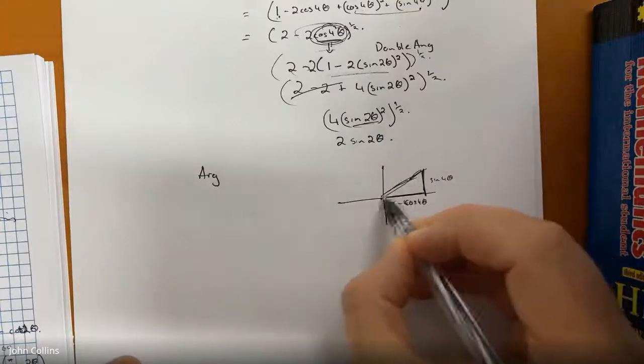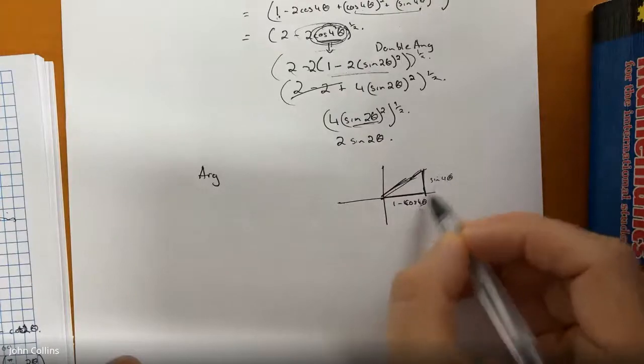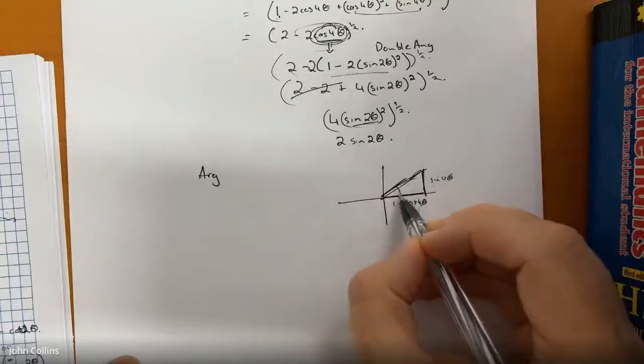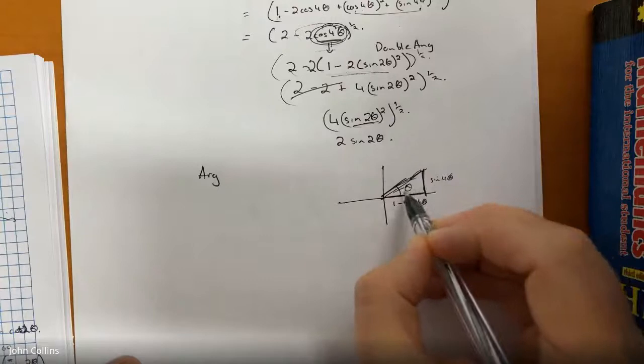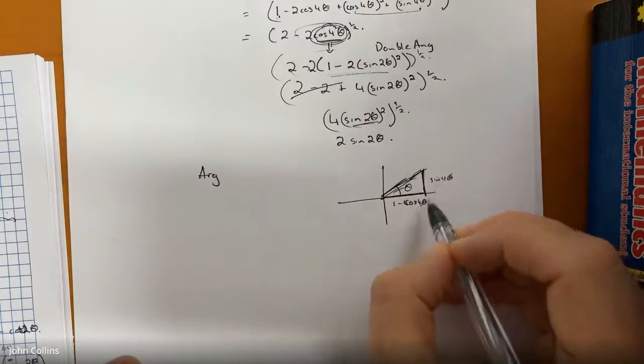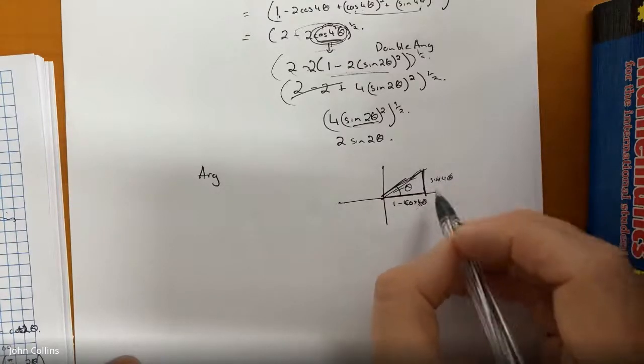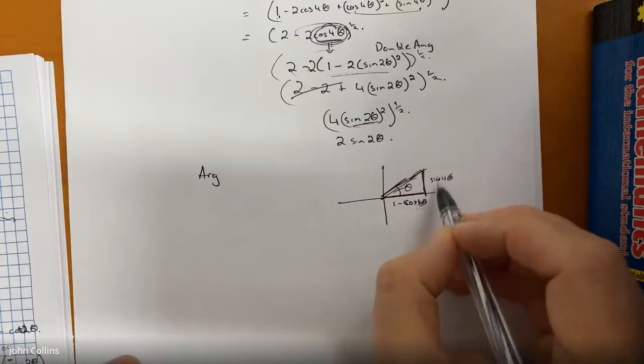The angle here is based off the ratio of these two, isn't it? So at the moment, I don't know what that angle is, but I know it's based off these ratios, and I can get the tan of the argument by putting one over the other, couldn't I? Okay, so let's do that.